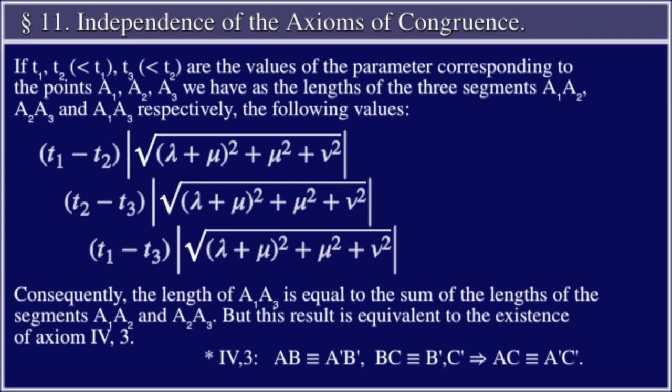The quantity t sub 1 minus t sub 3 times the positive square root of the quantity lambda squared plus mu squared plus nu squared. Consequently, the length of a sub 1, a sub 3 is equal to the sum of the lengths of the segments a sub 1, a sub 2, and a sub 2, a sub 3. But this result is equivalent to the validity of axiom 4, 3.